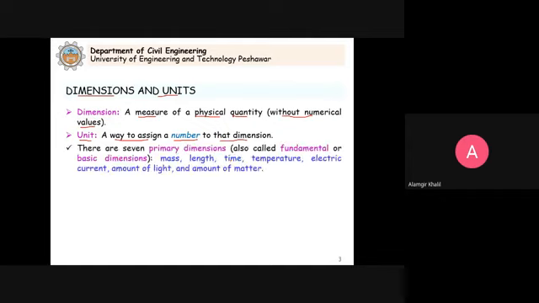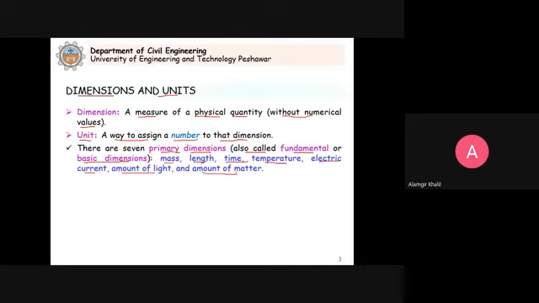So there are primary dimensions. These are also called fundamental or basic dimensions. These are mass, length, time, temperature, electric current, amount of light, and amount of matter.